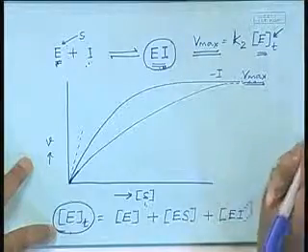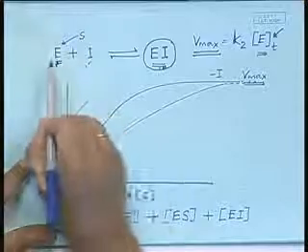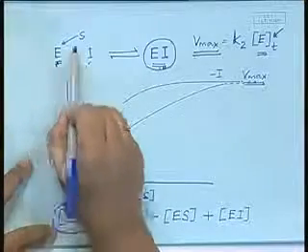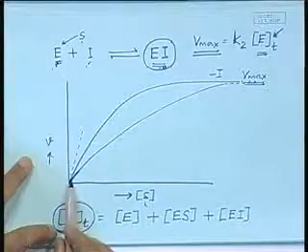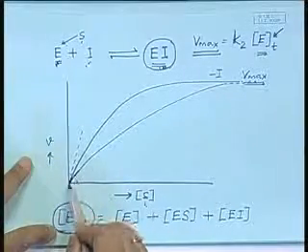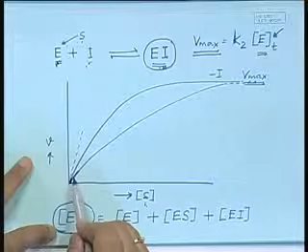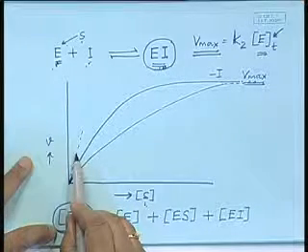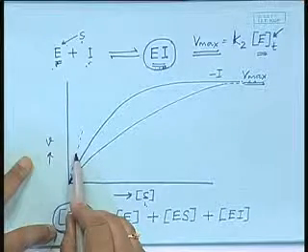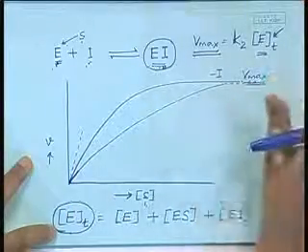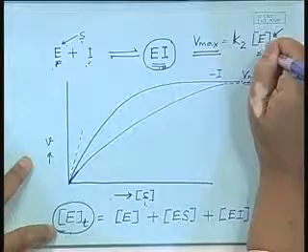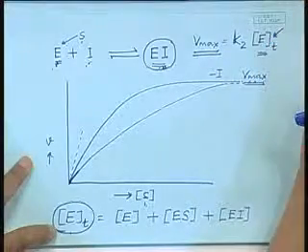So, in competitive inhibition, when my inhibitor is competing for the same site as the substrate, the initial velocity with the inhibitor is going to be less than the initial velocity without the inhibitor. My Vmax is going to be exactly the same because the total enzyme available is the same.